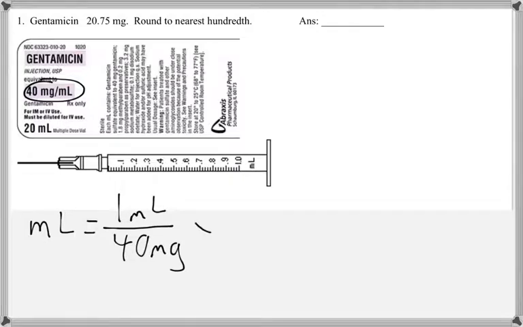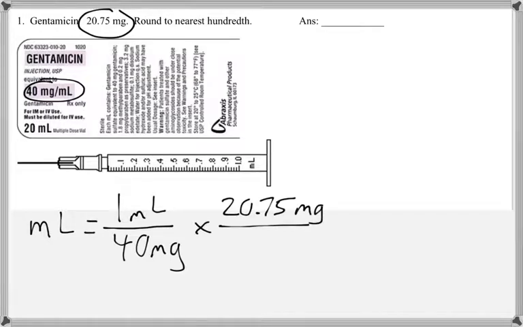Then I want to multiply by my order, which is 20.75, and I want to put that on the top, and this is so that the mg units will cancel out. Okay, so if I multiply the numerators, I get 20.75 ml, and multiplying the denominators, I get 40.